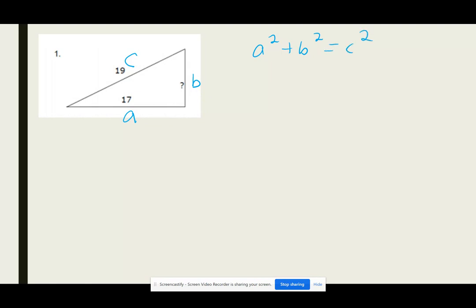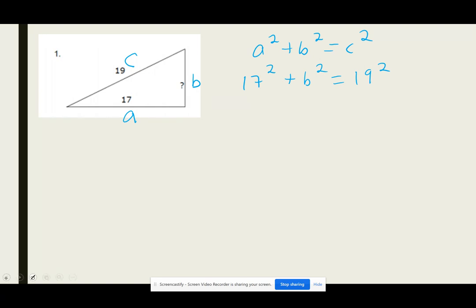So if I substitute my numbers in, A is 17, so I can have 17 squared. We don't know what B is, so I'm going to keep that as B squared. But we do know that C is 19. So 17 squared and 19 squared are the ones I need.